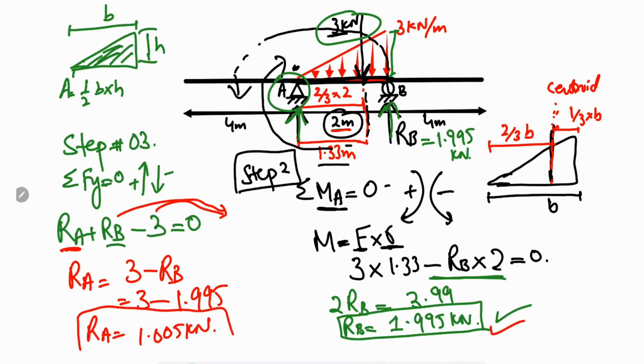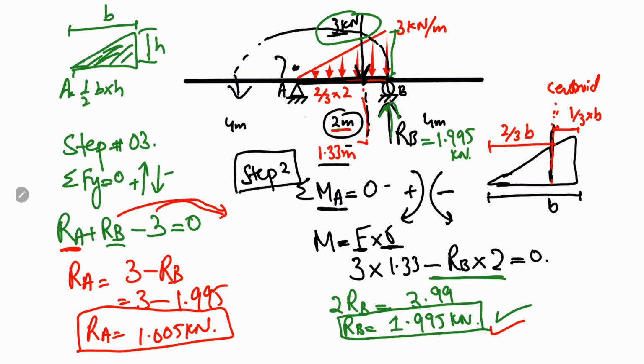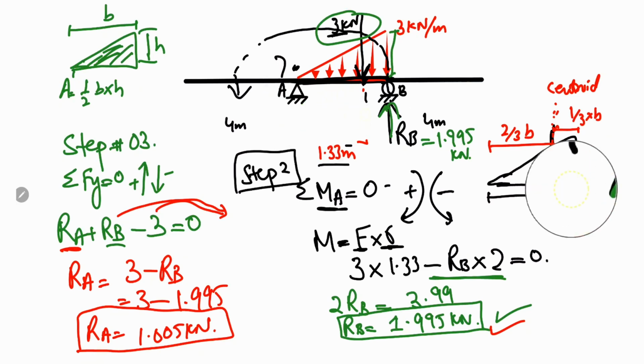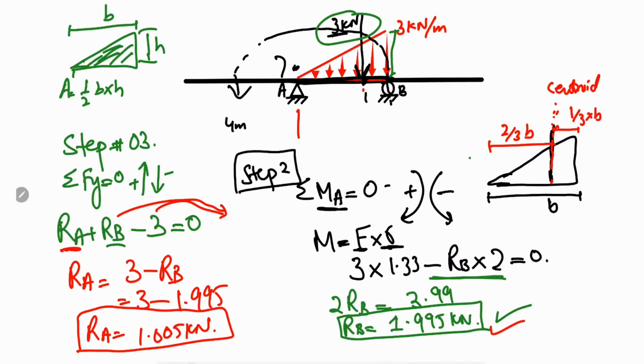So this is basically RA acting at this point. There are too many drawings here. So RA will be acting here, 1.005 kilonewton, and RB is here, 1.995 kilonewton.